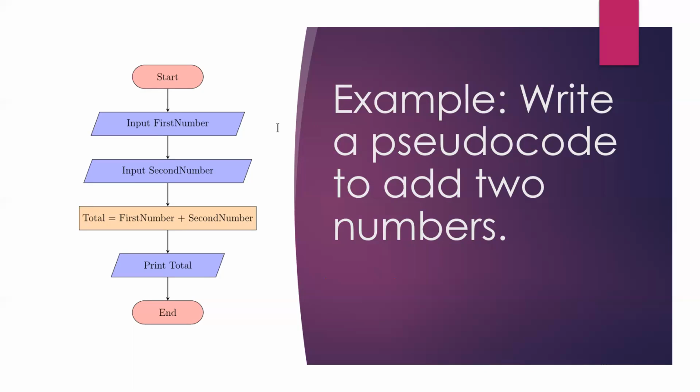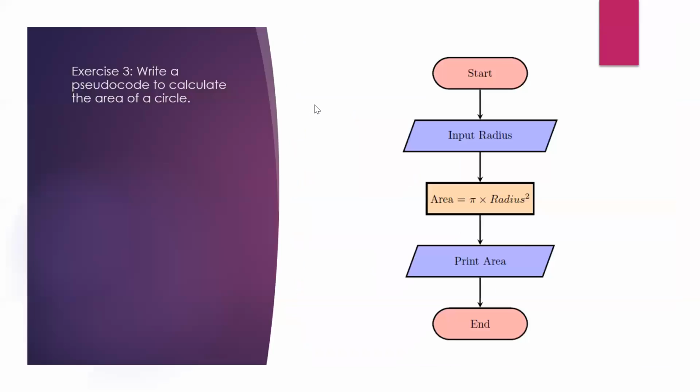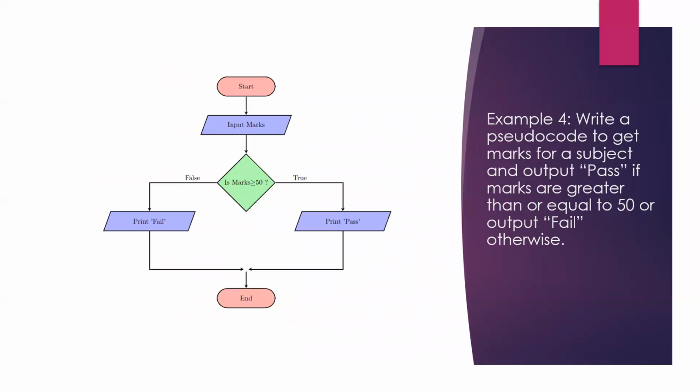So this we will represent as sequence. Yes, when it comes to selection, Achira, can you tell me what the steps are if you want to convert this to pseudocode?